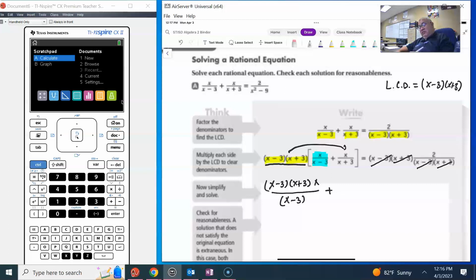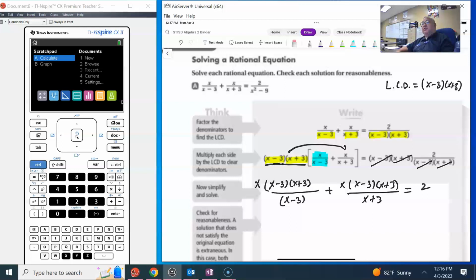And I'm going to write the x in front. So I have the x here, so it's x minus 3 times x plus 3 over x plus 3.